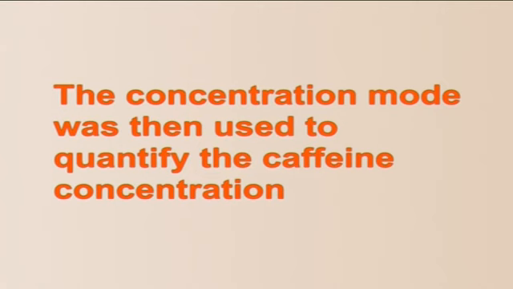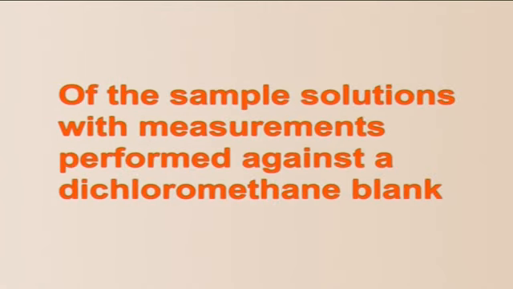The dichloromethane layer was removed to a clean flask and the extraction procedure was repeated twice more, and the solvent layers combined. Sample measurement. Extracted standards were placed into a quartz cuvette and analyzed using the spectrophotometer. The concentration mode was then used to quantify the caffeine concentration of the sample solution, with measurements performed against a dichloromethane blank.